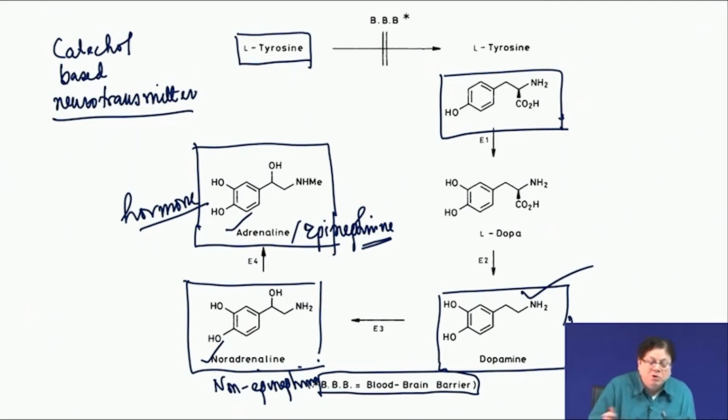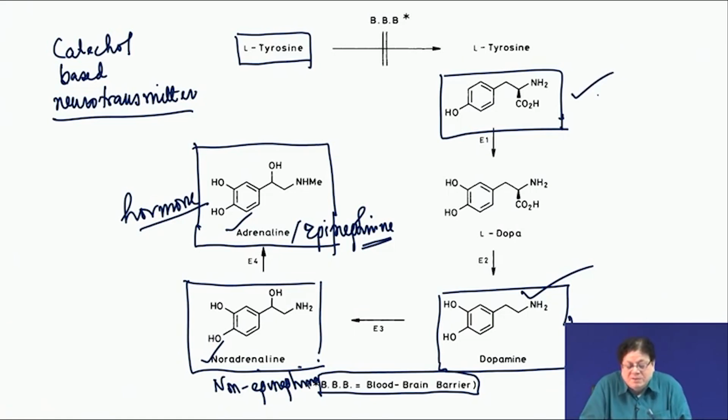Now, the process by which this crossing takes place is usually a carrier molecule which takes L-tyrosine across the blood brain barrier and puts the tyrosine inside the brain cells. Okay. So, this is your tyrosine.